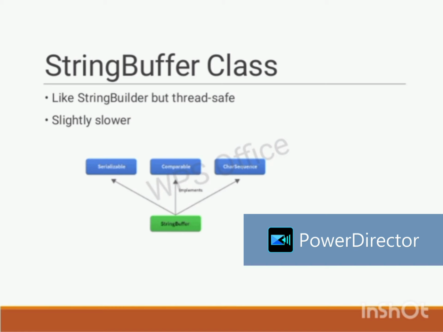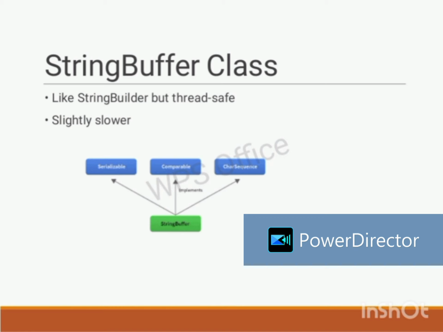So, when should you use StringBuffer? You are working in a multi-threaded environment. You need to ensure data consistency. You still want the performance of mutable strings. Avoid it when your code is single threaded, because StringBuilder is faster without the overhead of synchronization.